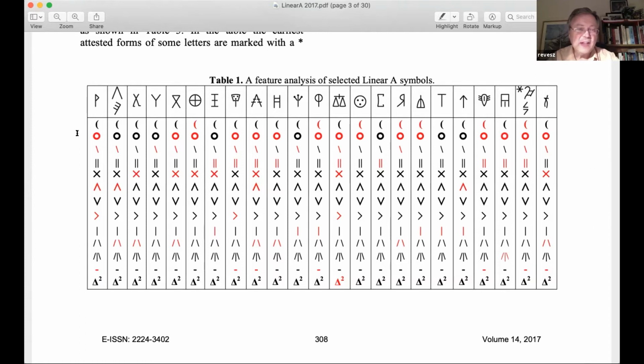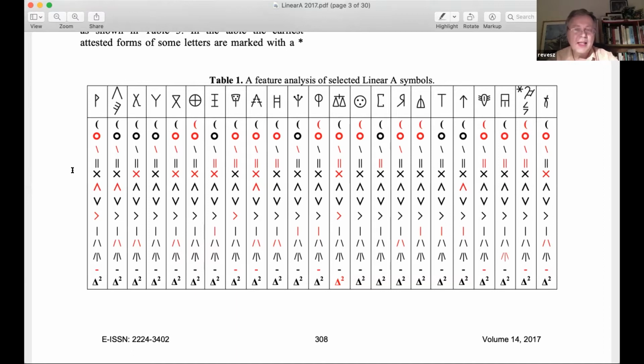The little triangle on the top is an enclosed region. Has a slanted line, has parallel lines, no parallel lines, so it's black, and crossing lines is black. So every linear symbol I could analyze as a length 13 feature vector.